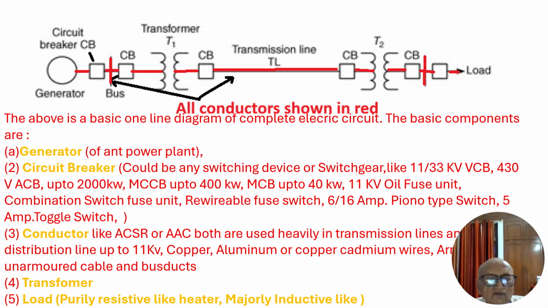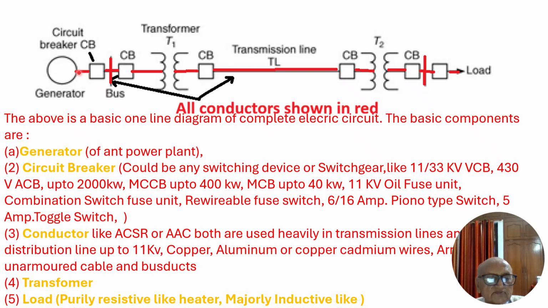Friends, for understanding the role of switchgear in total electrical installation, I have framed this figure which illustrates that starting from generating station through conductors, that means conductors taken on transmission line.